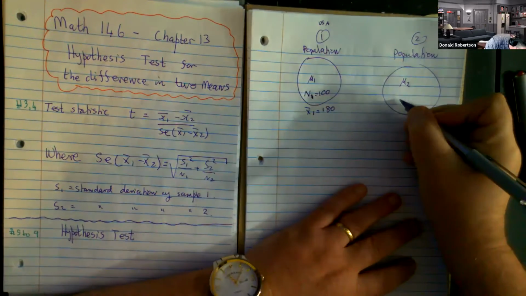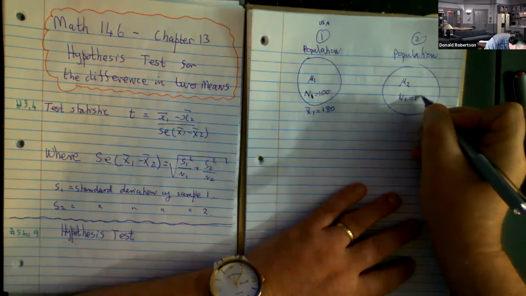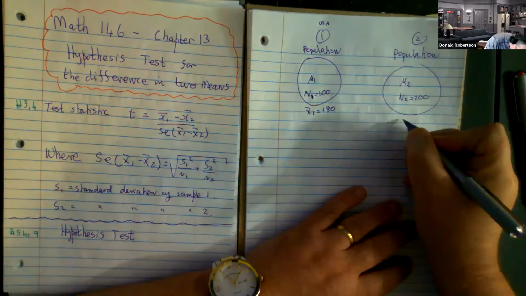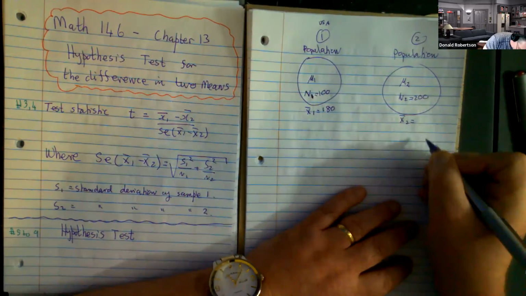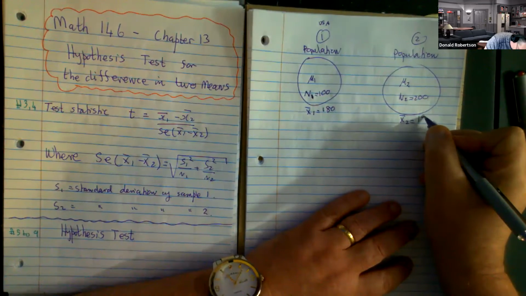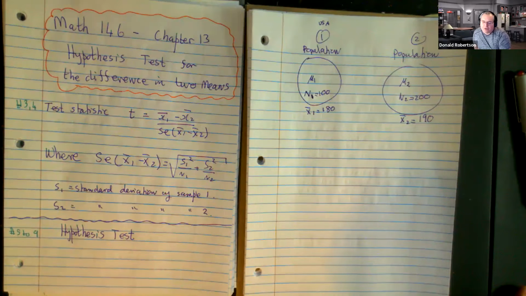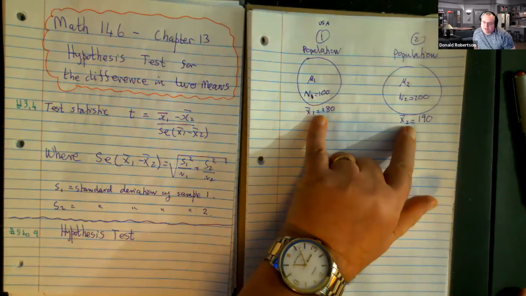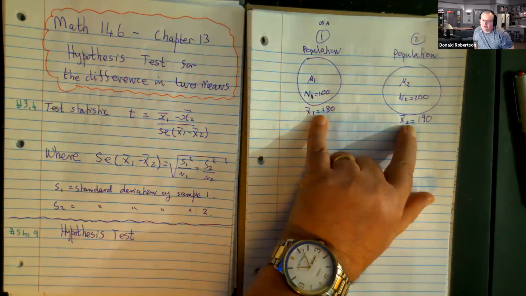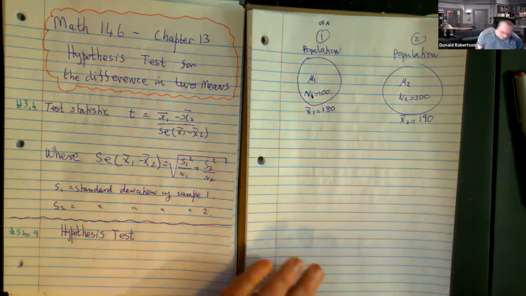And we went to Scotland and we got 200 of those guys, and the mean weight of the Scottish people was 190. And so we are looking at these two, and the raw data suggests that Scottish people are heavier than Americans, at least in this story, right?